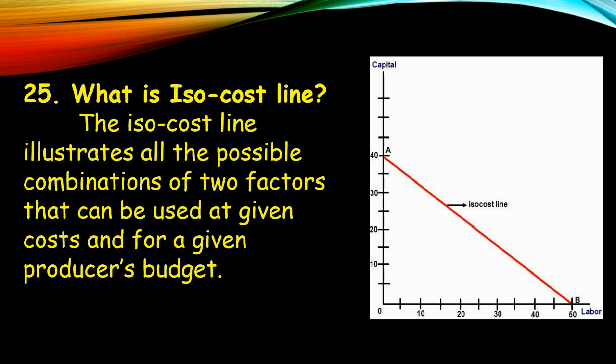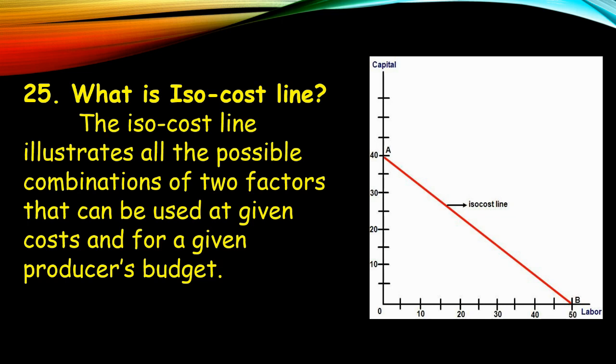Okay, next question: what is isocost line? The isocost line illustrates all the possible combinations of two factors that can be used at a given cost and for a given producer's budget. Simply put, it is a line which determines the combination of two factors, which can be land and labor or labor and capital, any two factors, which the firm will choose for production.